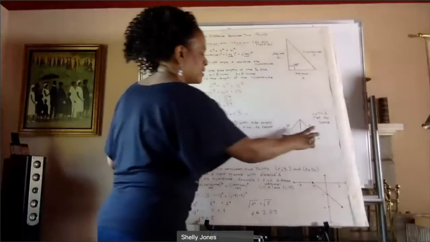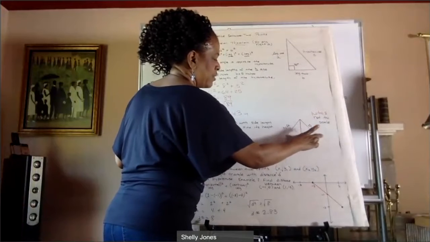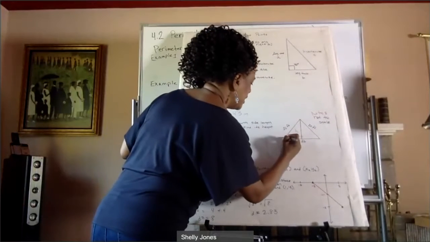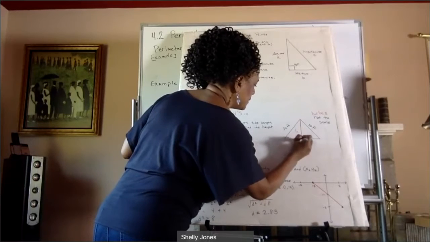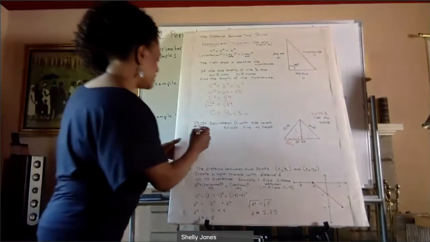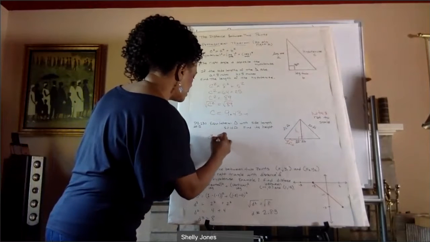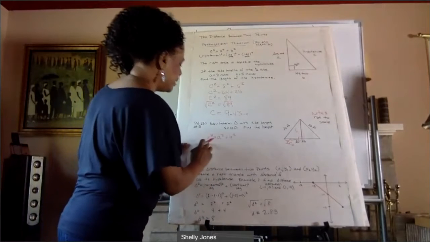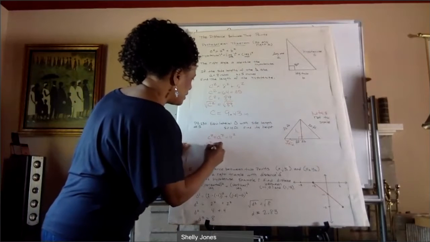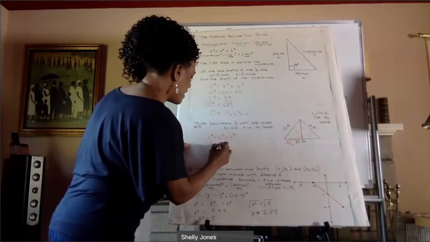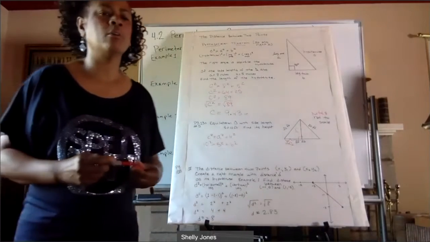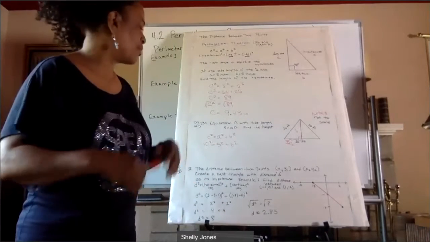Well, this leg is going to be the height of my triangle, right? And I know if this is an equilateral triangle, if the whole base is 10 feet, then this portion here is 5 feet, right? So 5 feet. And so I could say, let's see, c squared equals a squared plus b squared. My c squared is my hypotenuse, so 10 squared equals a squared, 5 squared, plus b squared. Doesn't matter if I call the a 5 or the b 5.